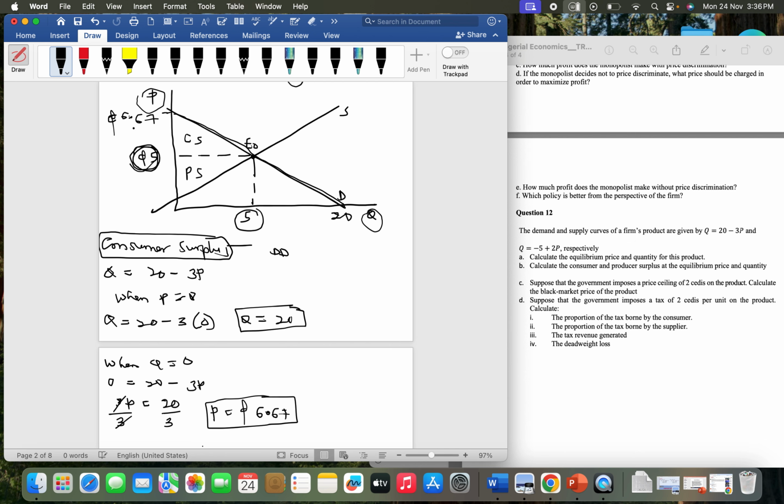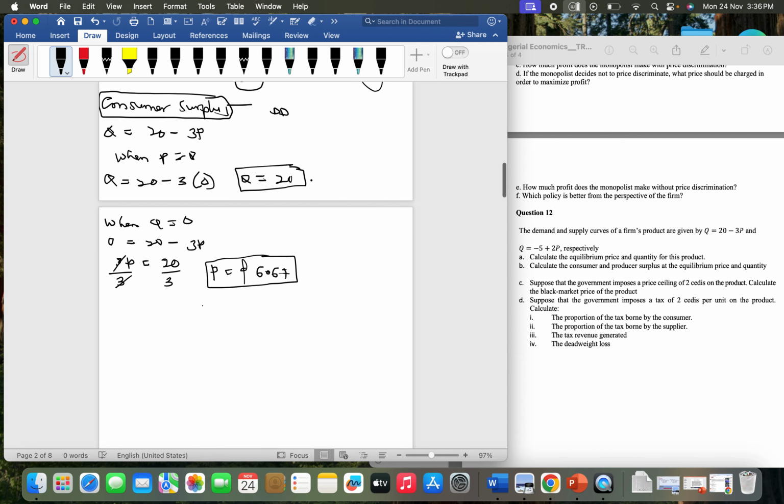So in finding consumer surplus, it is the equilibrium price minus this, that would give us the height in the middle. Once I get this height, I'll just multiply it by half times 5. Then I'll get my consumer surplus.